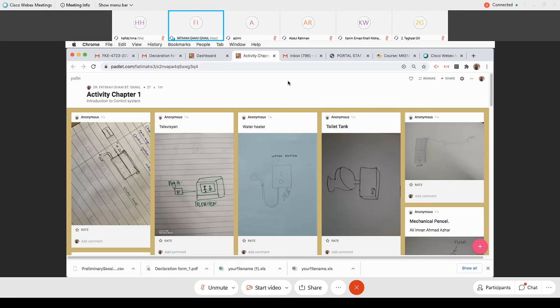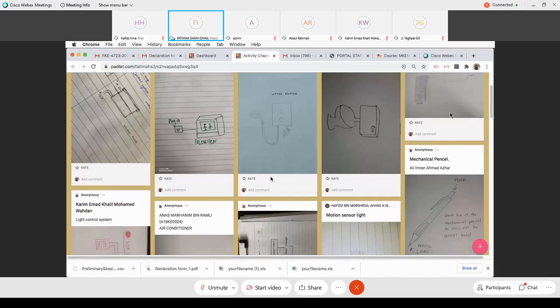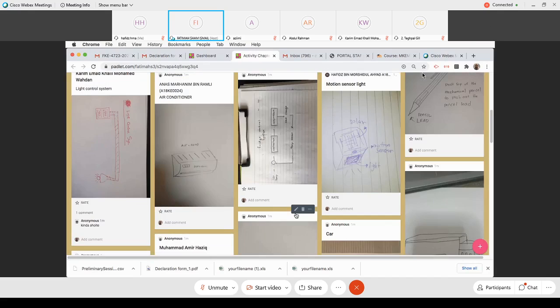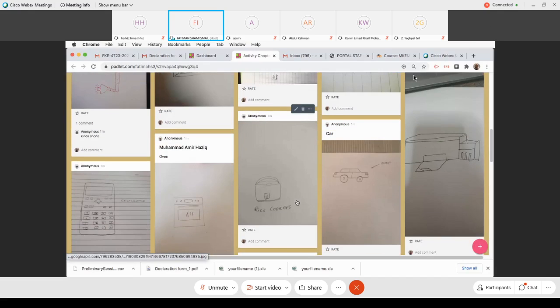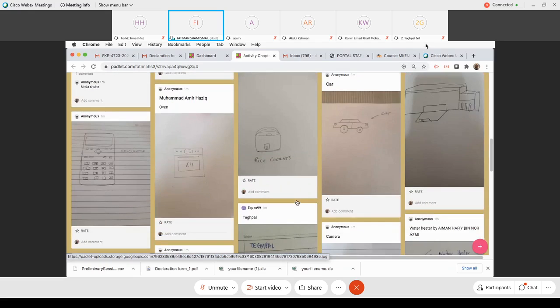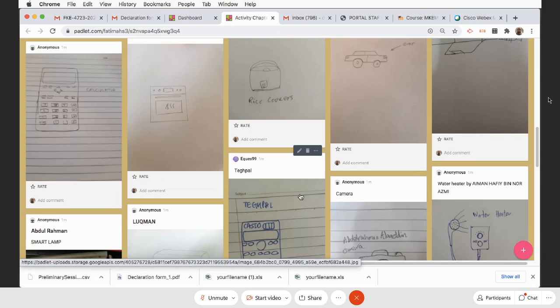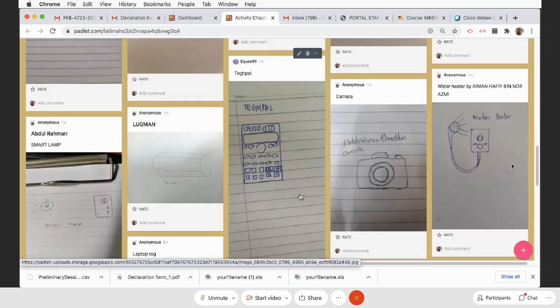Okay, so maybe we stop here. So don't delete this one. We will continue during the next class. So you can update your new diagram also. So finally we can draw the system block diagram, meaning the system block representation.